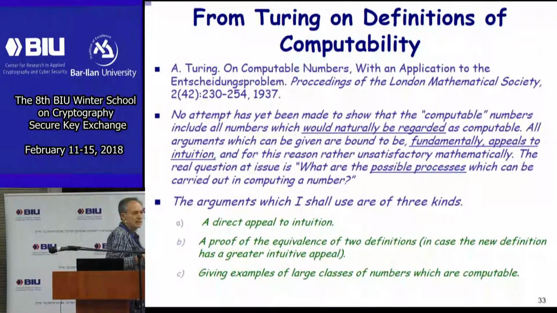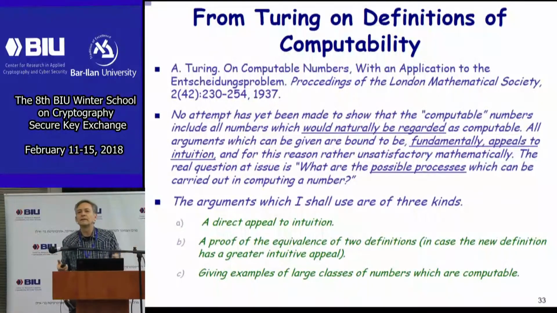He has to define computable numbers, but how do you define this? There is intuition. So, he has some very interesting things to say. And then he says, the arguments which I shall use are of 3 kinds: a direct appeal to intuition, a proof of equivalence of 2 definitions, and giving examples of large classes of numbers which are computable.